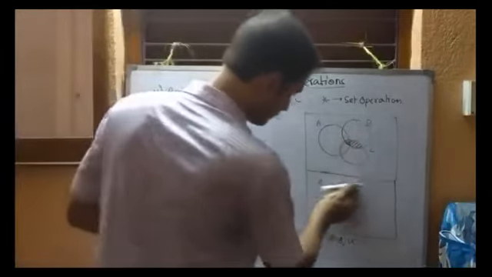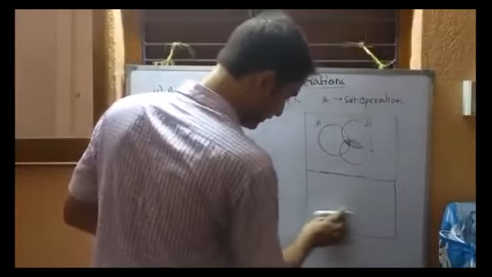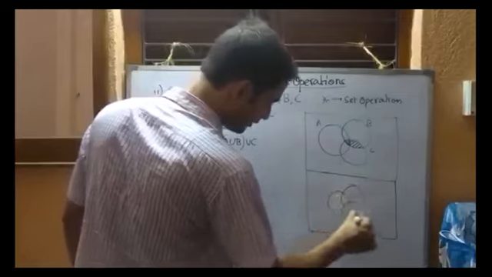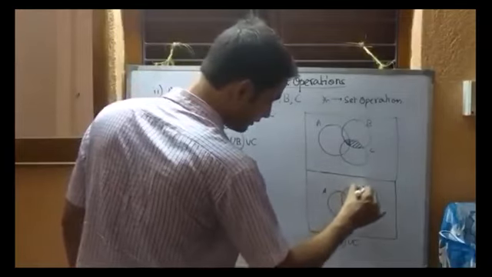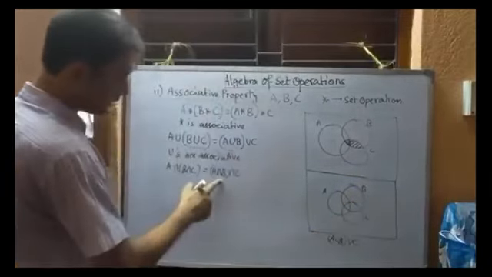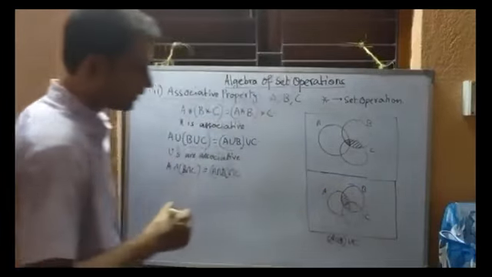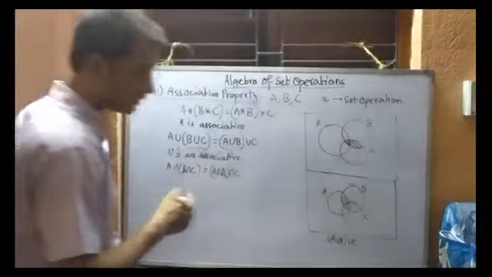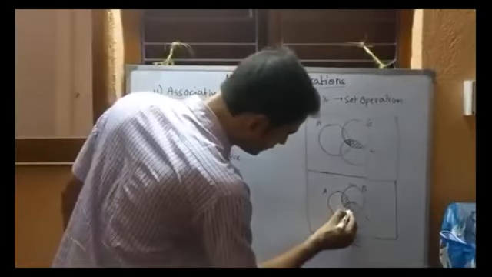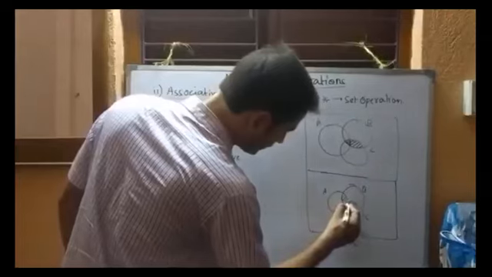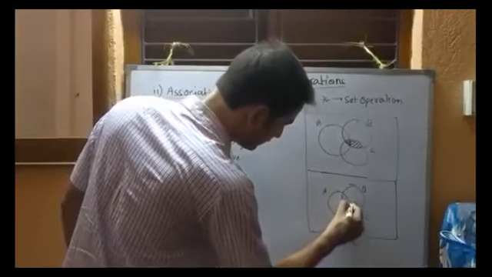And also, if we draw the right hand side, it is A, B, C like this. Then first we shade A intersection B, that means this part, and then with C. So it will be this part. See, it is also the triangular part in the middle.